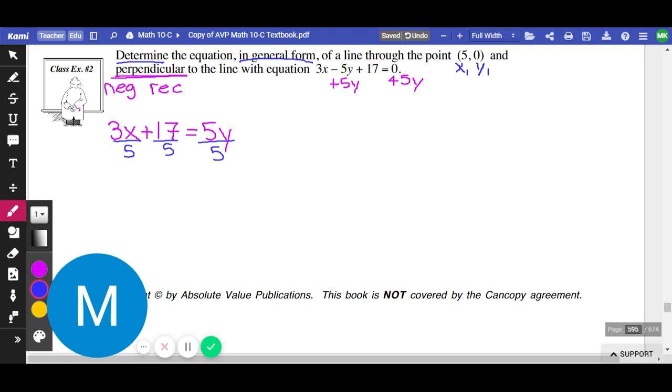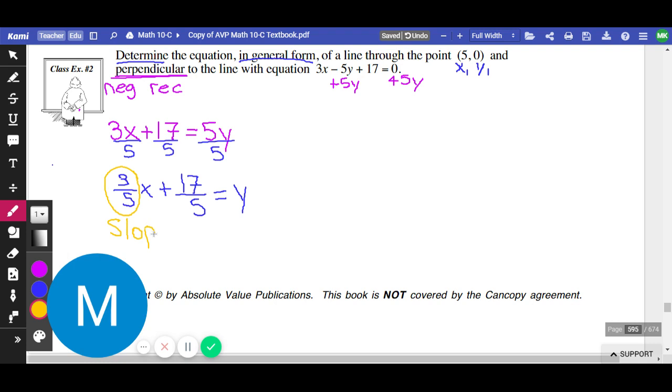Then I rewrite my equation out, so I have 3 over 5x plus 17 over 5 equals y. For this equation, this is my slope.